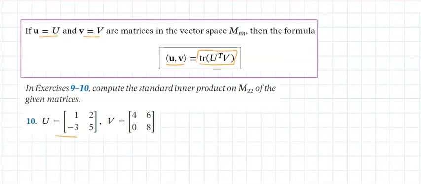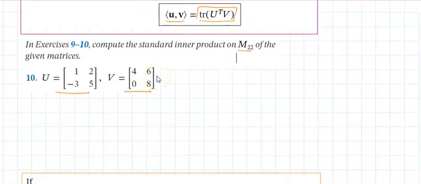So as you see, if we have matrices, not vectors, compute the standard inner product for M22. Okay, well, this is simply the trace of, let's see, U transpose, I'm going to write it.